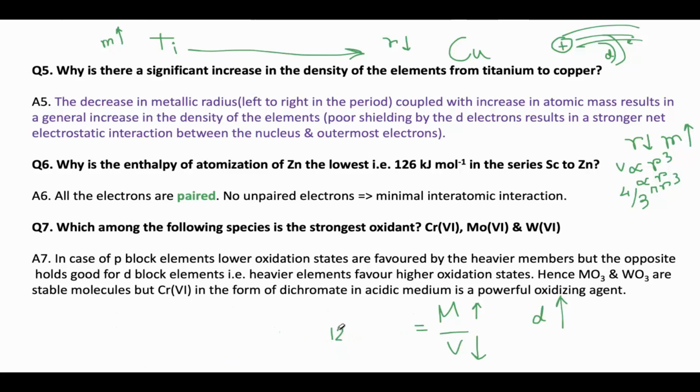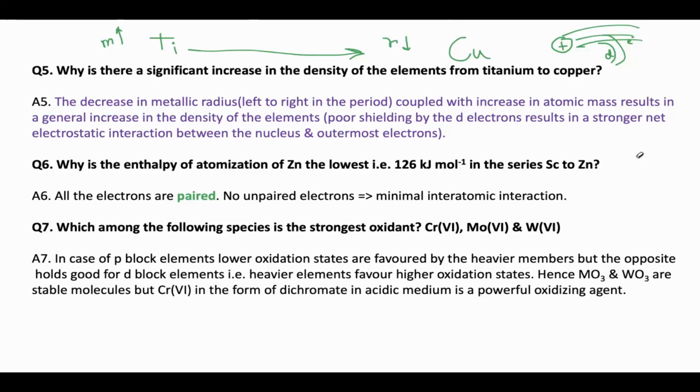Now we will move on to the next question. Why is the enthalpy of atomization of zinc the lowest, that is 126 kilojoule per mole, in the series from scandium to zinc? This question has already been answered in a passive manner in the preliminary slides, when I was discussing the enthalpy of atomization.